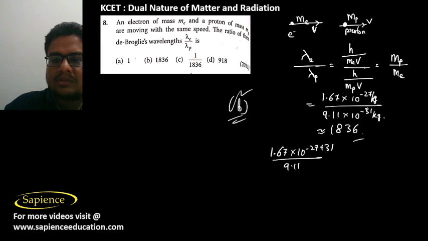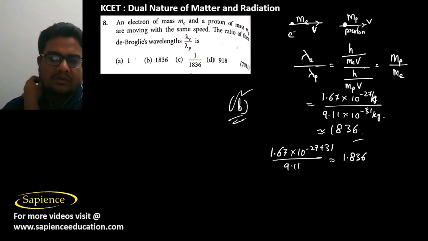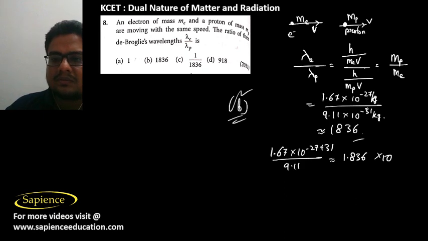So 1.67 by 9.11 is approximately 0.1836, into 10 power 4. So this will be approximately 1836.